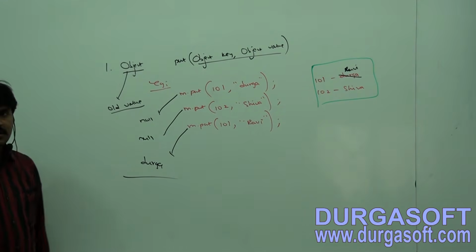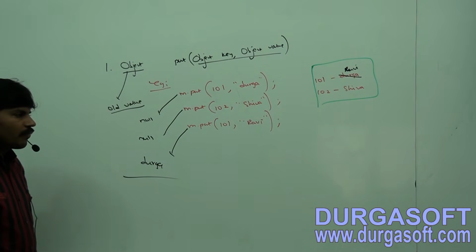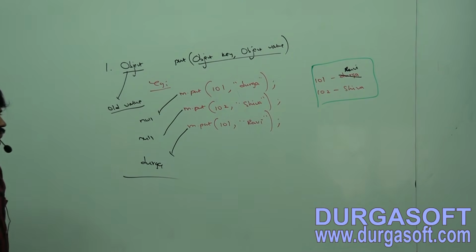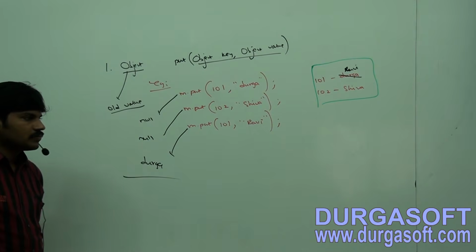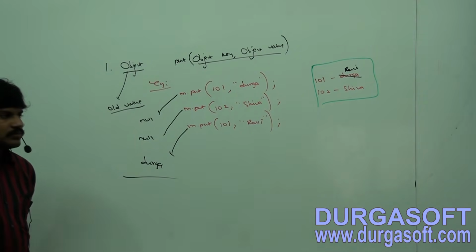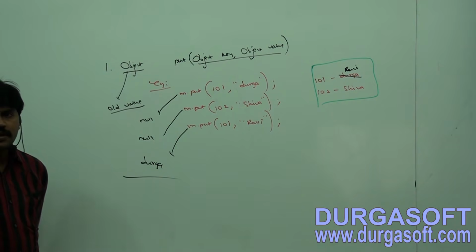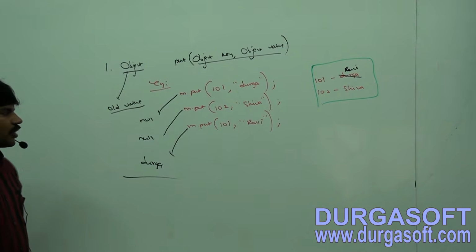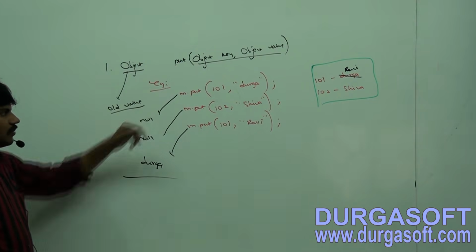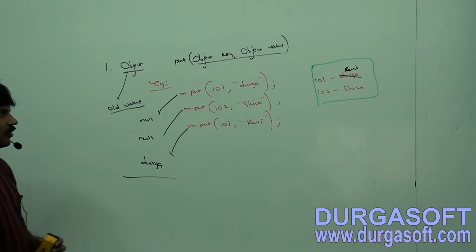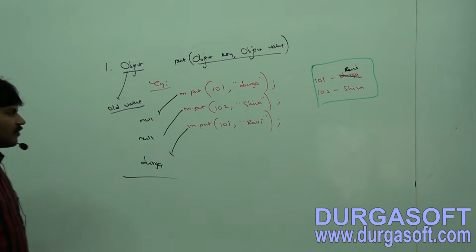102, Shiva, completed, right? Okay. Make sure M.put of 101 Durga, 102 Shiva. Next, after that 101 Ravi.